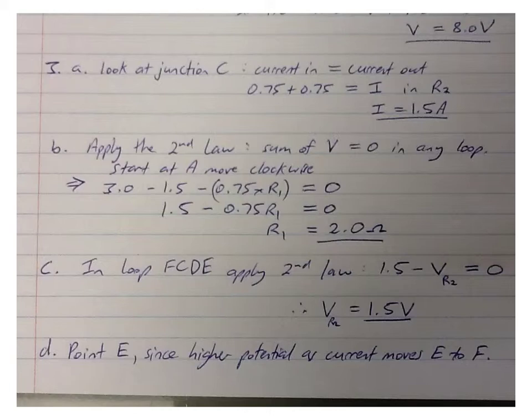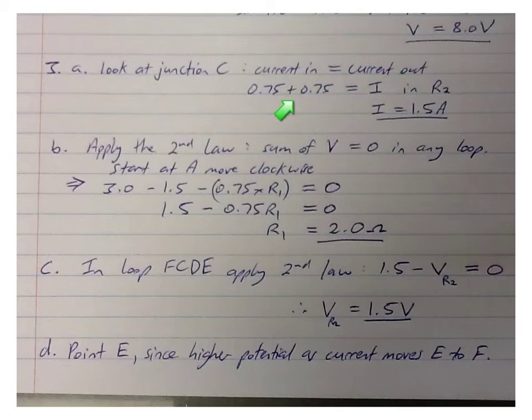Now looking at question 3, the first question asks you to find the value of the current through resistor R2. You can look at junction C and apply the first law. The first law is current into any junction must equal the current out.